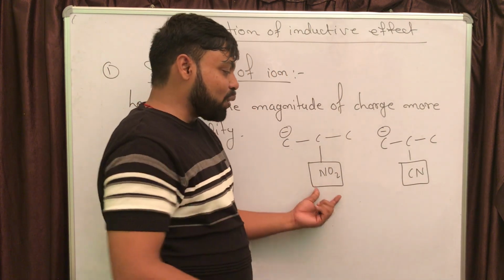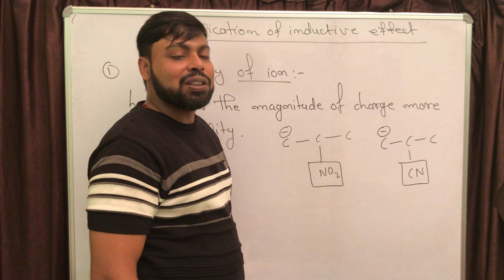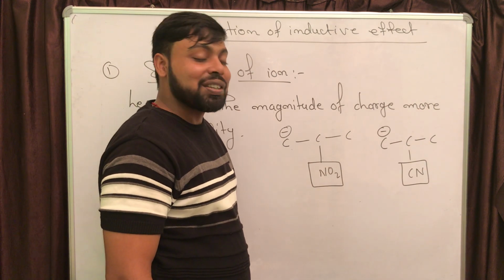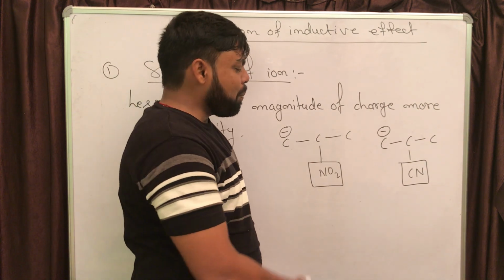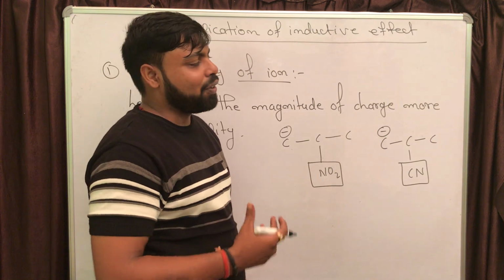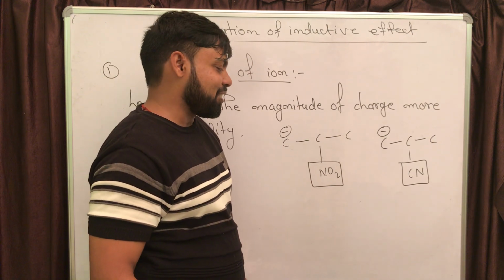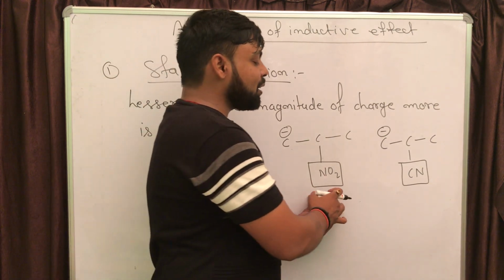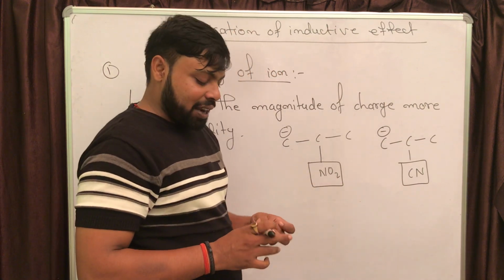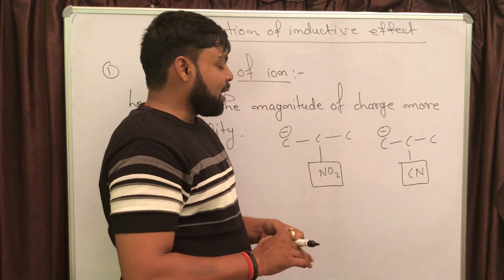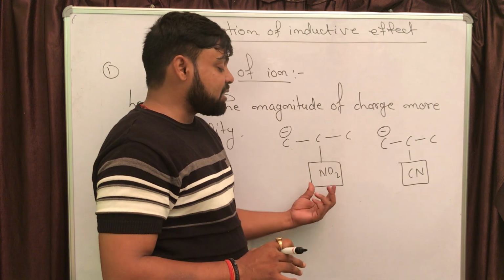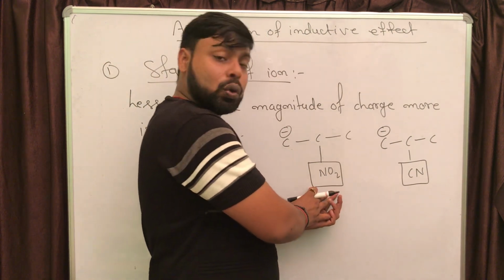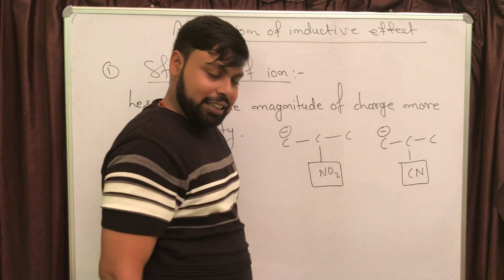So this NO2 and CN both are using their inductive effect, and both are actually minus I groups. We have written in the series, just refer to the series. Both are using their minus I effect, right? And also the minus I effect of NO2 is more than CN.